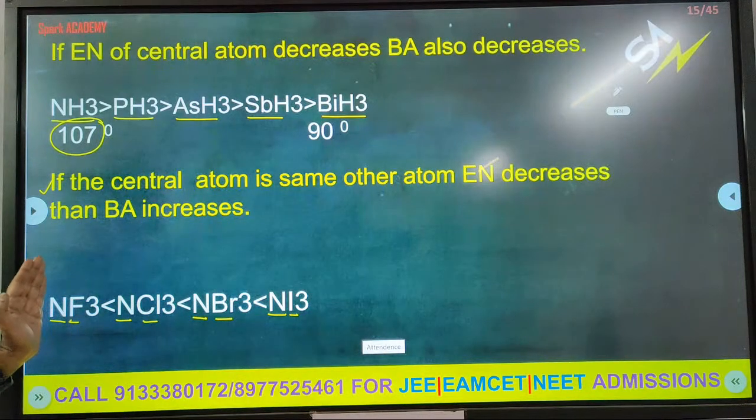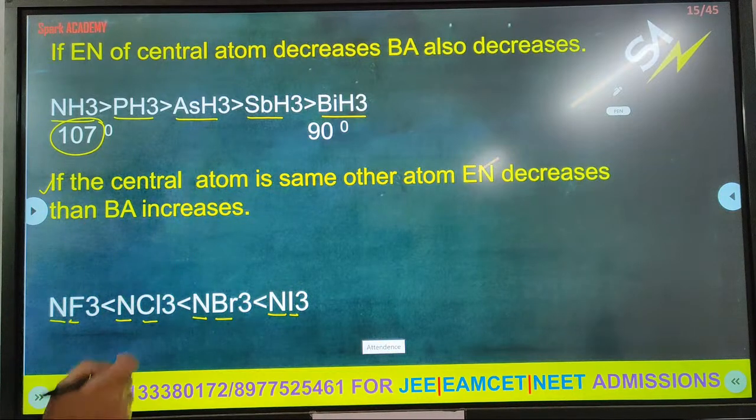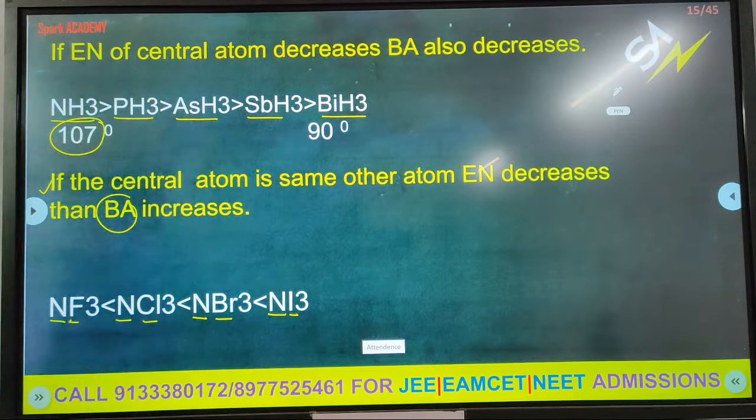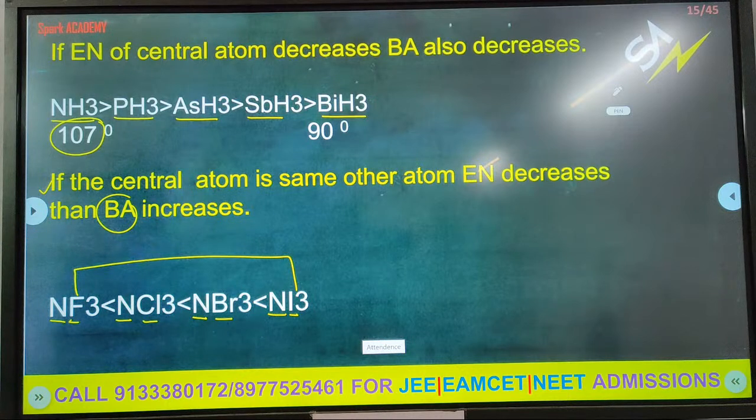Now the other atom's electronegativity decreases. What about the bond angle? It is the opposite of the above: it increases. As the other atom's electronegativity decreases from fluorine to iodine, the bond angle increases. So bond angle depends on the central atom's electronegativity. If the central atom is the same, it depends on the other atom.